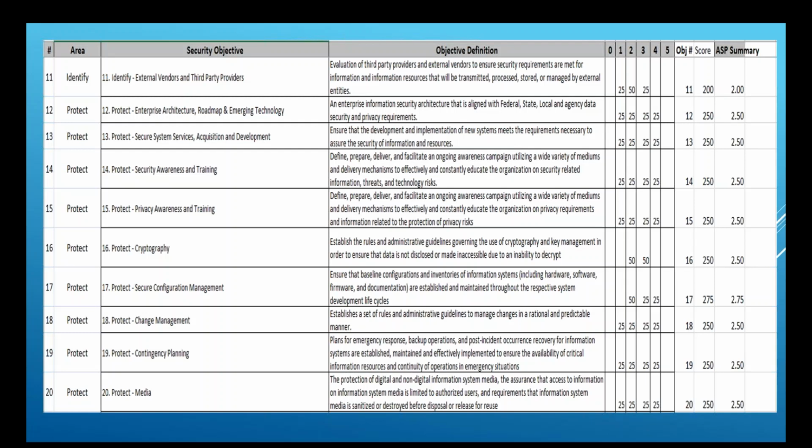Number 12. This is the first where we begin to move from identifying things and we begin to protect our resources. Enterprise architecture, roadmap, and emerging technology. So our information security architecture that is aligned with our federal, state, local, and agency data security and privacy requirements.